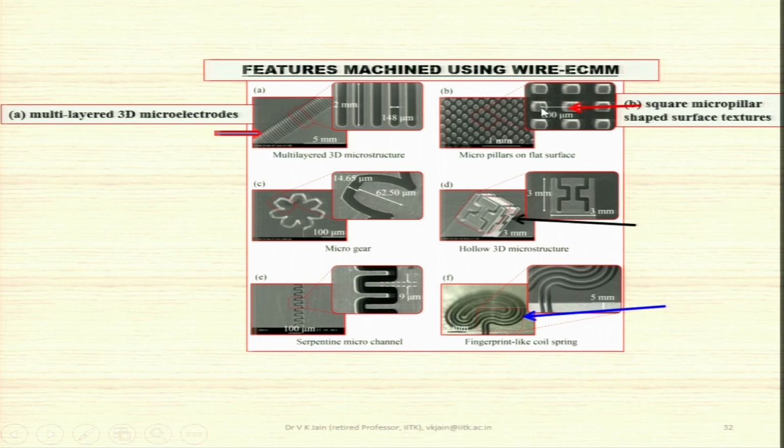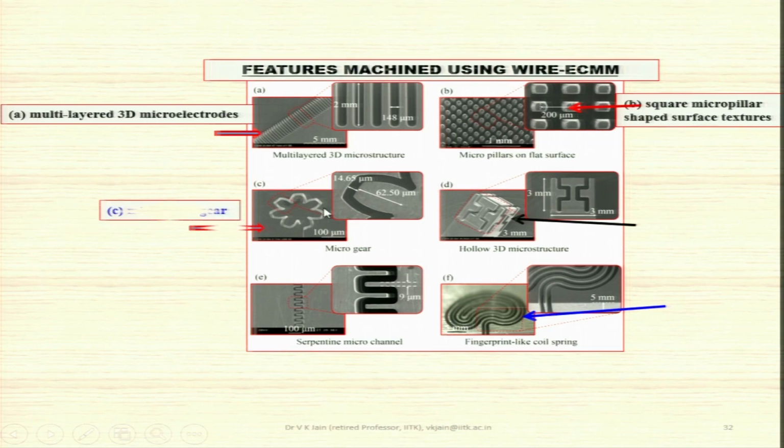These are the square micropillars that have been machined with the help of wire electrochemical micromachining, and all dimensions of these micropillars are a few tenths of microns, because this is the scale of 200 microns. So definitely it becomes around 100 or less than 100 micrometer.